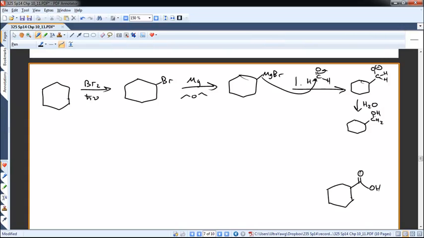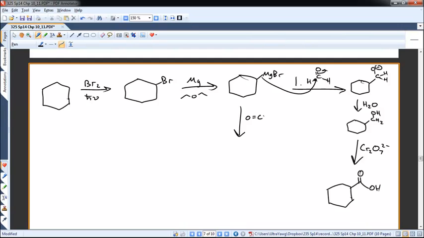And how do I oxidize a primary alcohol to a carboxylic acid? We learned this earlier. This is an oxidation step. Sodium dichromate will work just fine, nice and strong, because we want to do two steps worth of oxidation at once. Another way I could have done it is I could have taken this compound and added carbon dioxide.